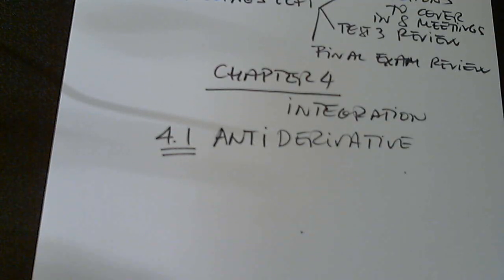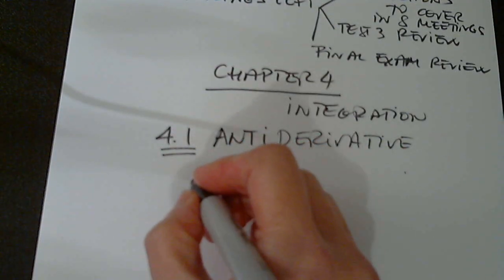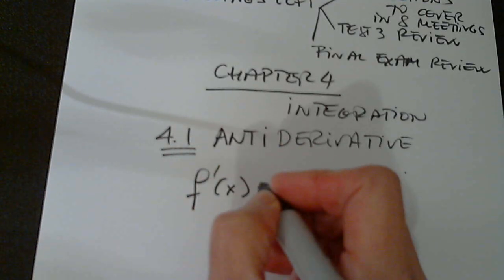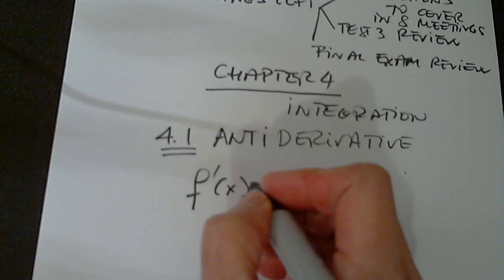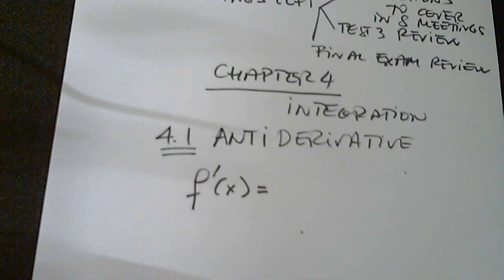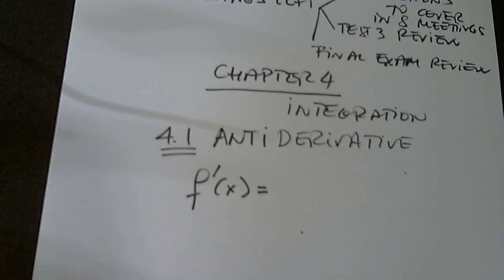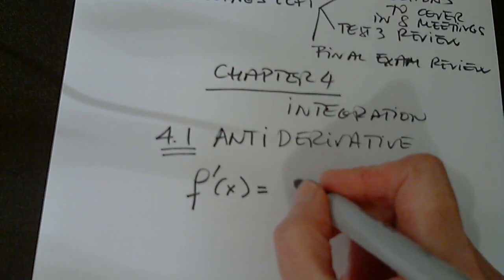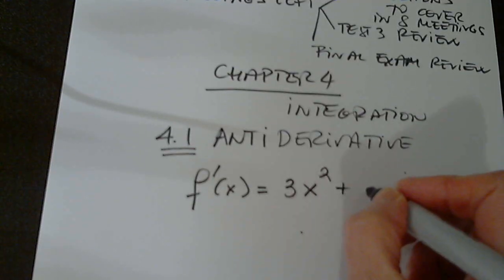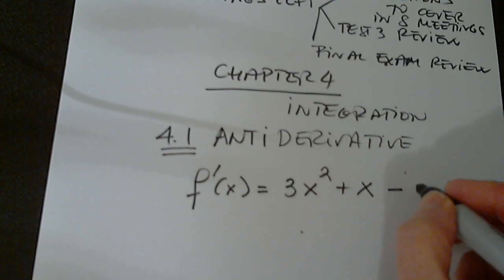So let's suppose we are given a derivative function. Now let's say we are told that f prime equals 3x squared plus x minus 2.